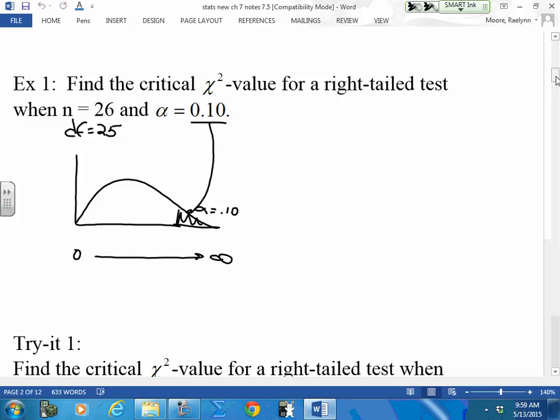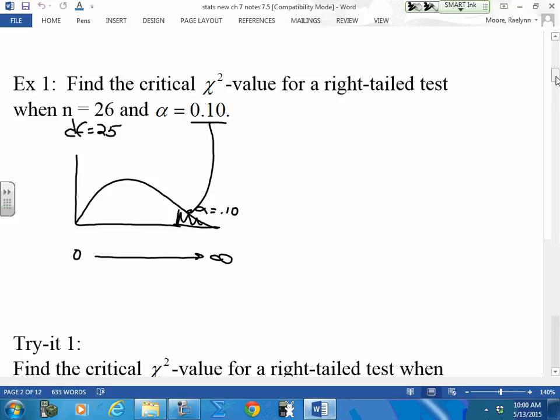So go to your table. Turn to A19. Everybody needs to do this one, guys, because this is very different. Find your level of significance at 0.10 and come down to 25. There's your critical value. This table is your area to the right.